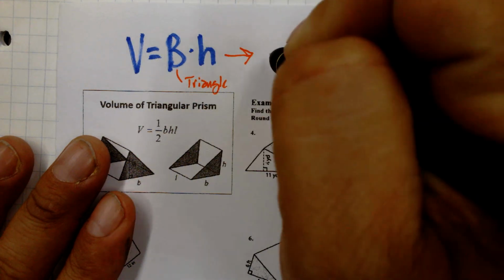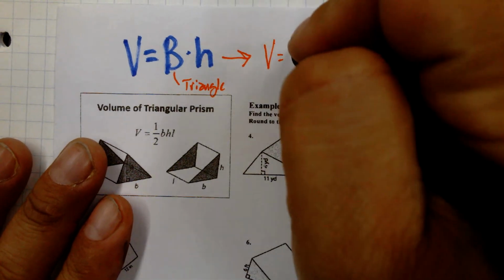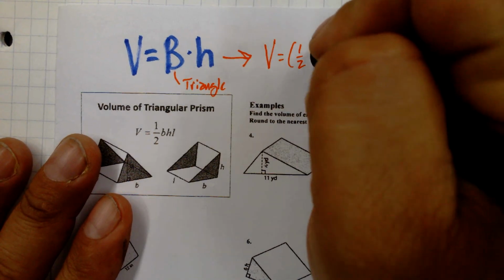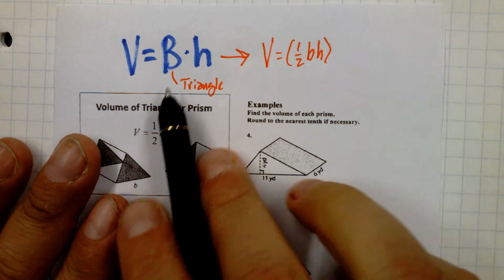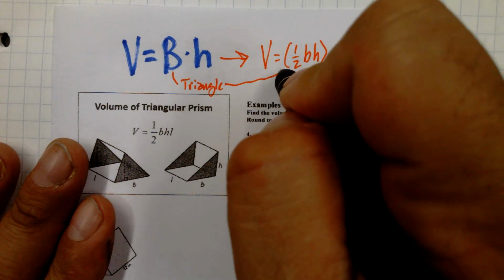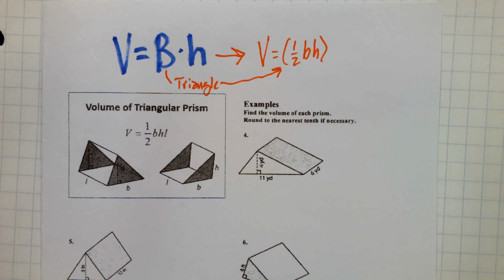It's going to look like this. Volume equals the area of a triangle, which is 1/2 base times height. So for a triangle, it's this. 1/2 base times height. That's the base area.